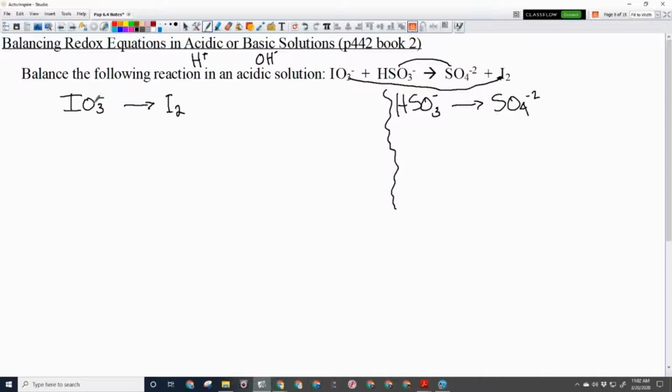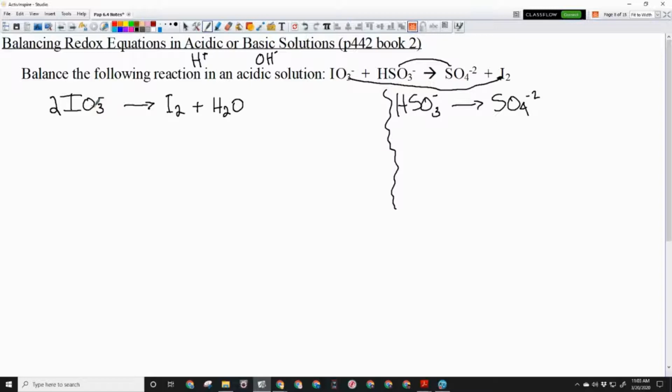What we want to do is balance everything except hydrogen and oxygen first. We have one I here, we have two I's here, so I'm going to need two of these to balance the iodine. Now, we have oxygen on this side, but we don't have any oxygen on this side, and we're going to have to fix that. When you're balancing in acidic or basic solutions, you fix the oxygen with water. So we're going to add some water on this side, H2O.